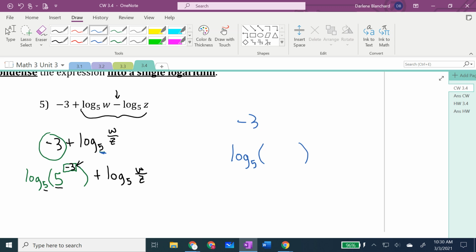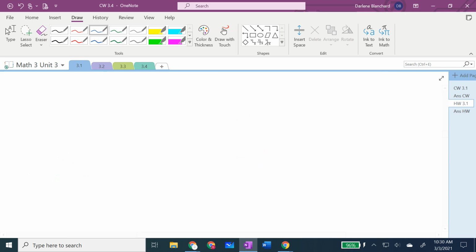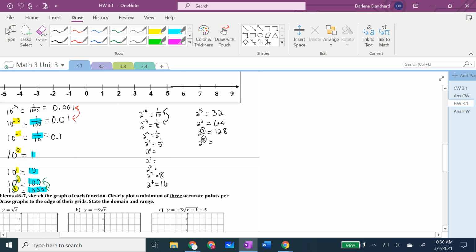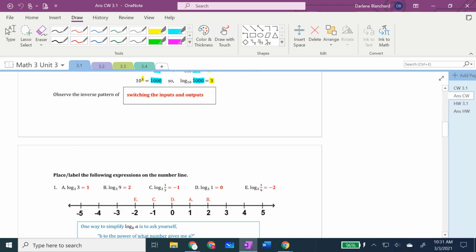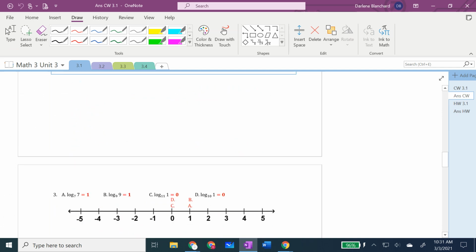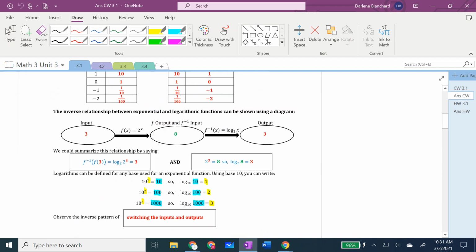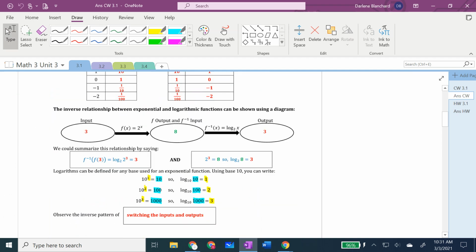If we go back over to day 1, let me emphasize something from day 1. Let me go to the classwork. Actually, no, I had it. Here we go.